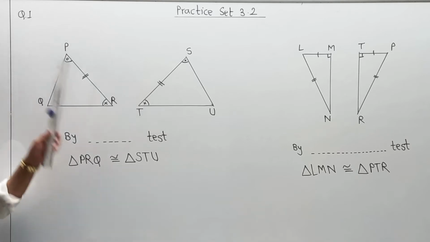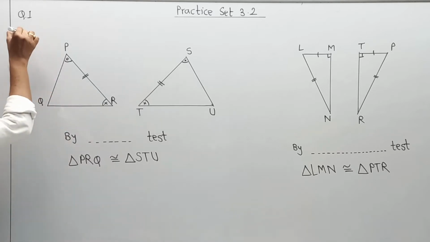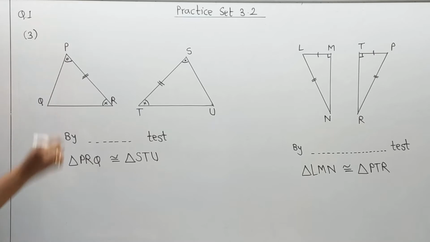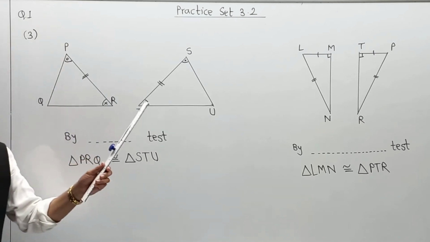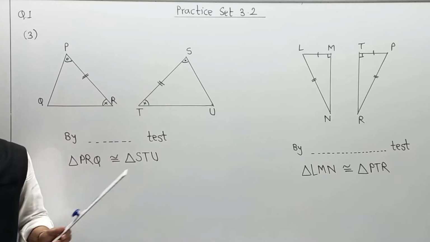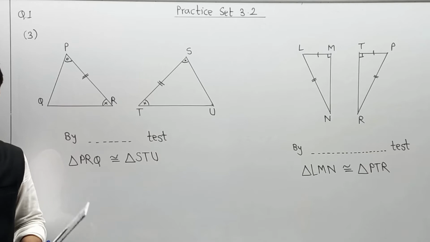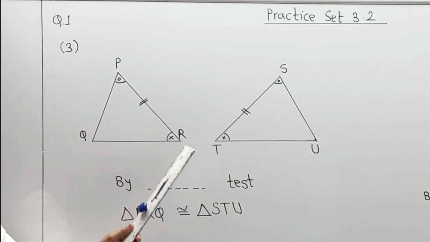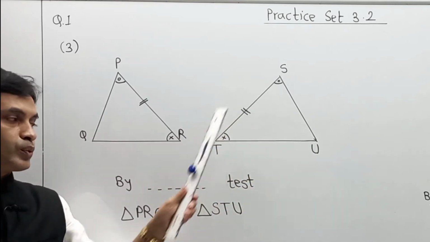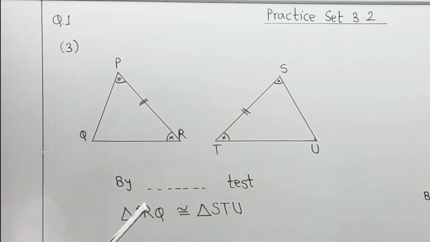Now in the next part they have given question number 3, and we have to understand this question very systematically, because they have given some arrangement, but the arrangements in these questions are not sequential. We have to identify the proper sequence. Here they have given triangle PQR and a triangle STU.